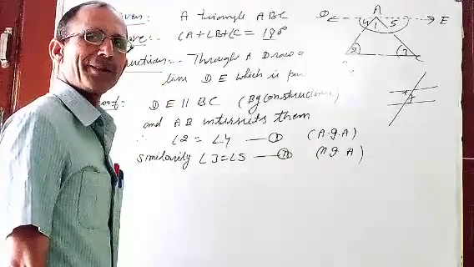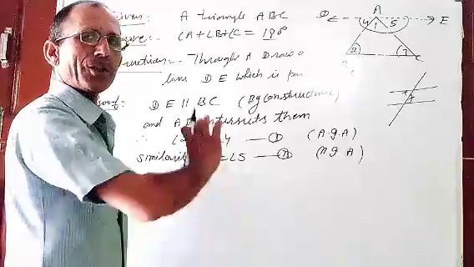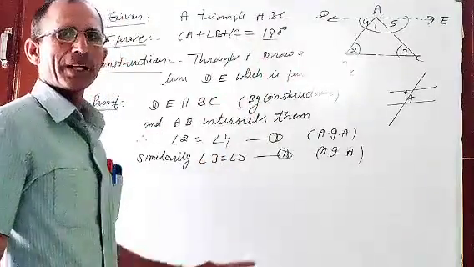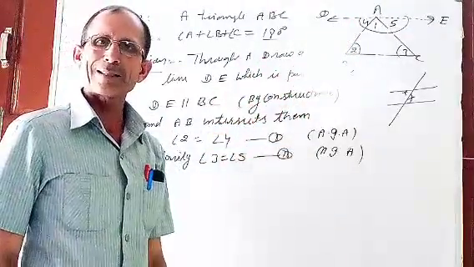Up to here, any doubt, any confusion? Because if two parallel lines are intersected by a transversal, then alternate interior angles are equal.